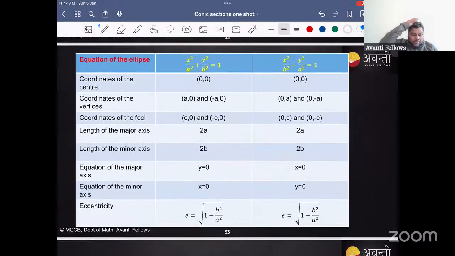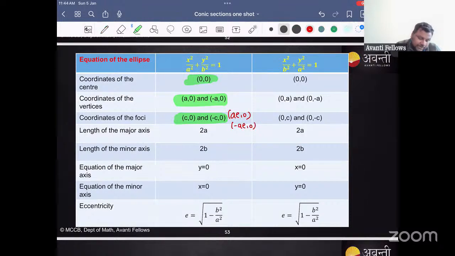Now, if I talk about the ellipse x square by a square plus y square upon b square equals 1, these are the facts that you are already aware of. Center is 0, 0. Vertices are a comma 0 and minus a comma 0, also called the ends of the major axis. Foci are c comma 0 and minus c comma 0, which we call ae comma 0 and minus ae comma 0.